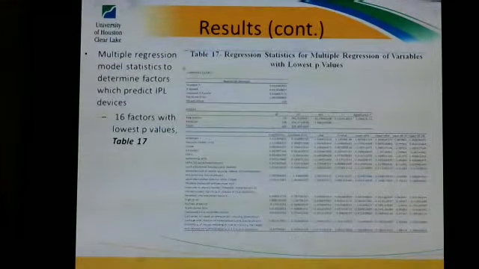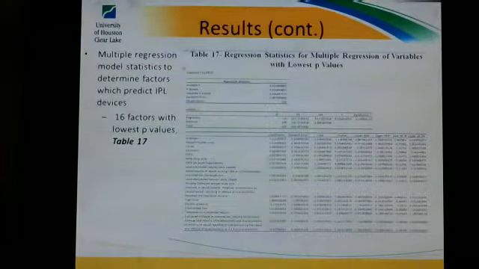There was also another multiple regression model that was built, where we took the 16 factors with the lowest p-values from the single regression models. The factors with the lowest p-values indicated they were the best predictors of IPL device. So we took them and tried to build a multiple regression model based on those different categories.